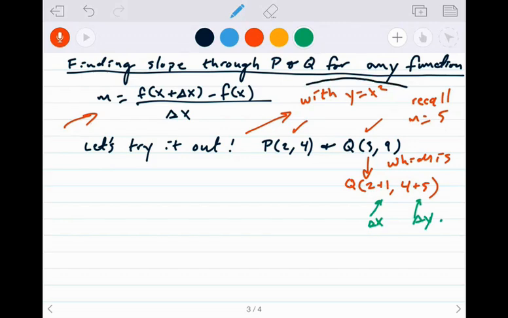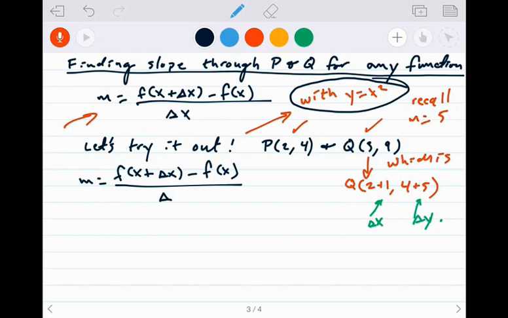Again, that example we started out with was y equals x squared. So m is f of x plus delta x minus f of x, divided by delta x.